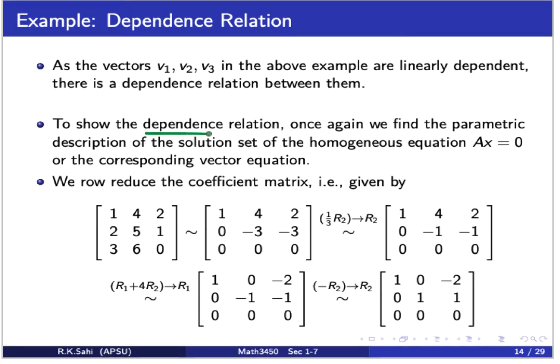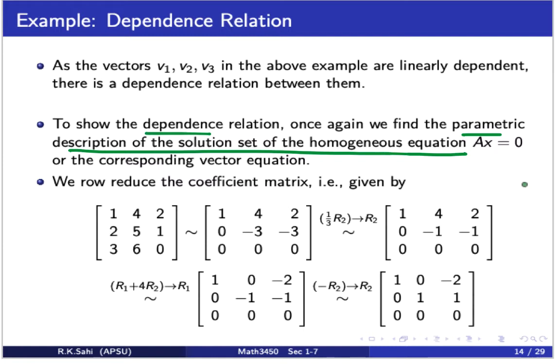To show this dependence relationship, once again we go and find the parametric description of the solution set of the homogeneous equation. Remember I said earlier that this parametric description of the solution set is very important. We'll be seeing it again and again in different forms.